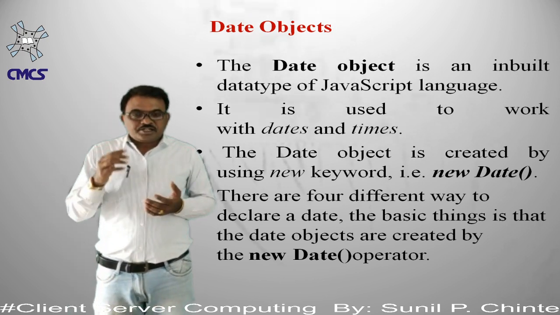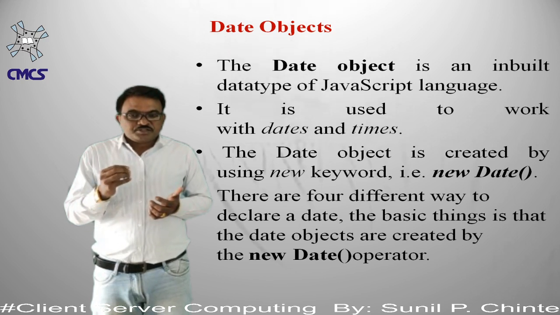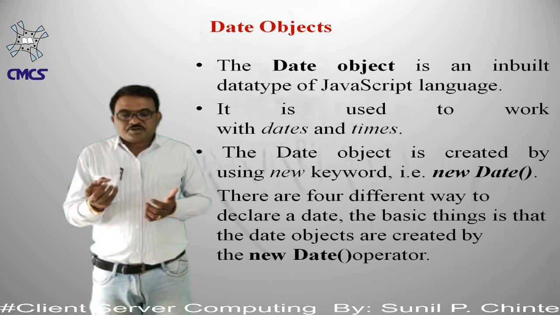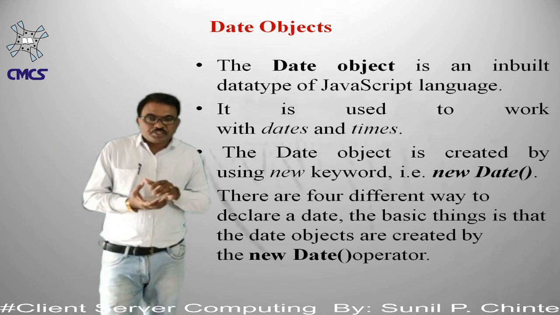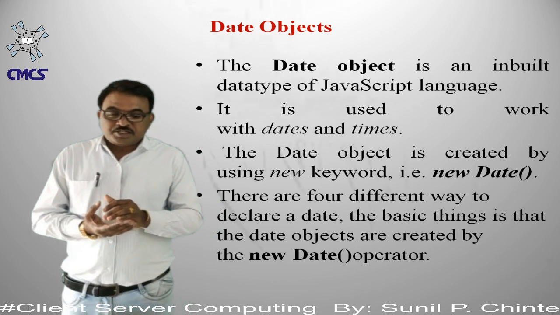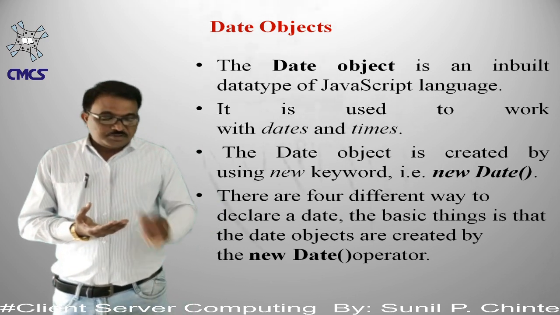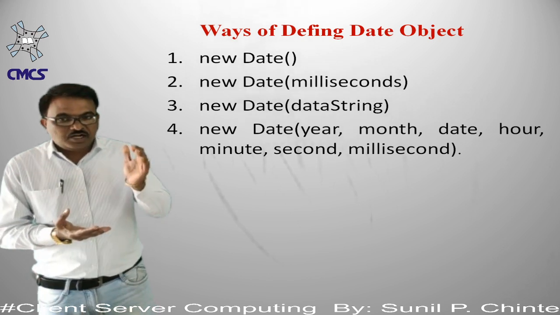There are four different ways through which we can create the date object in JavaScript.